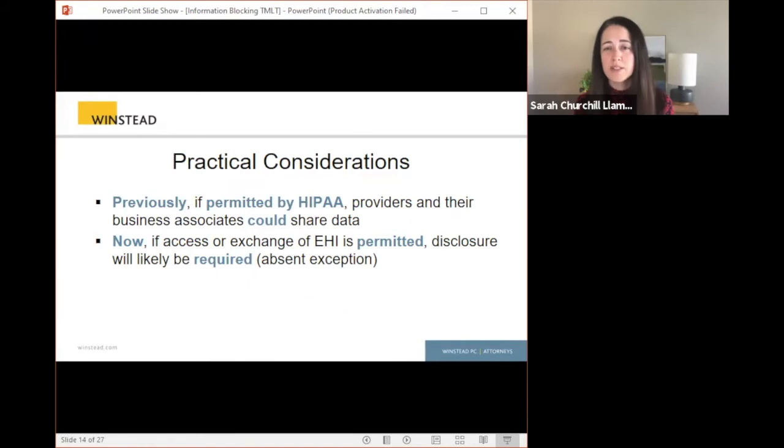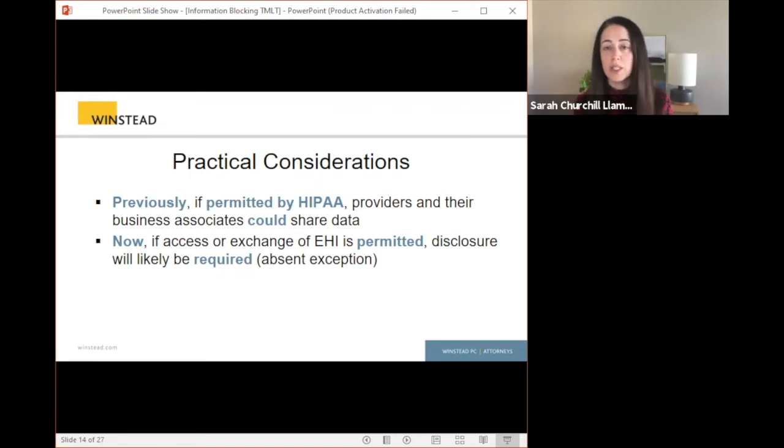So, kind of big picture, what does this mean for everybody? Previously, if it was permitted by HIPAA, providers and their business associates could share data with another third party. So let's say you had one provider asking for records from another unaffiliated provider for treatment purposes. Obviously that was permitted by HIPAA, but a lot of folks wouldn't provide that data, especially if it had to do with larger quality studies, or if you had a hospital trying to gather information about patients.